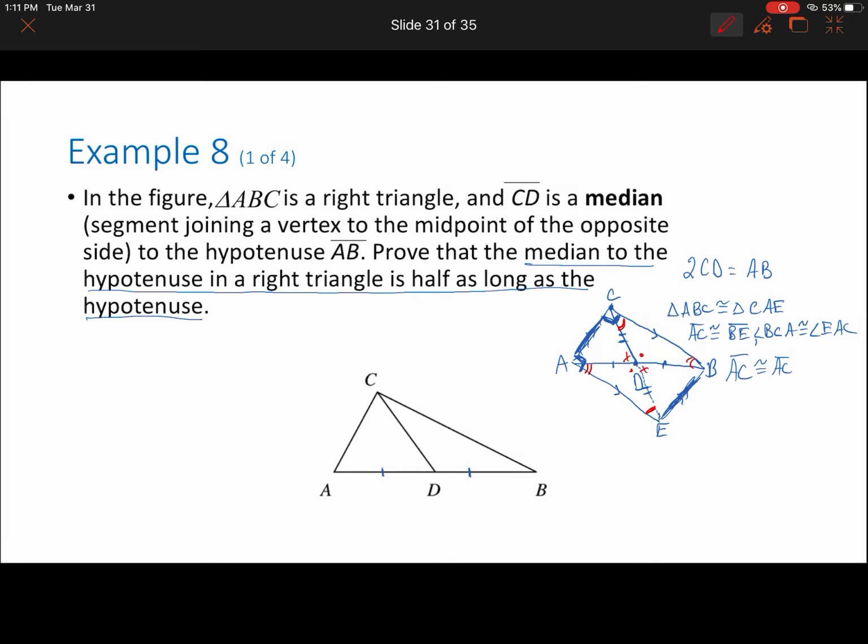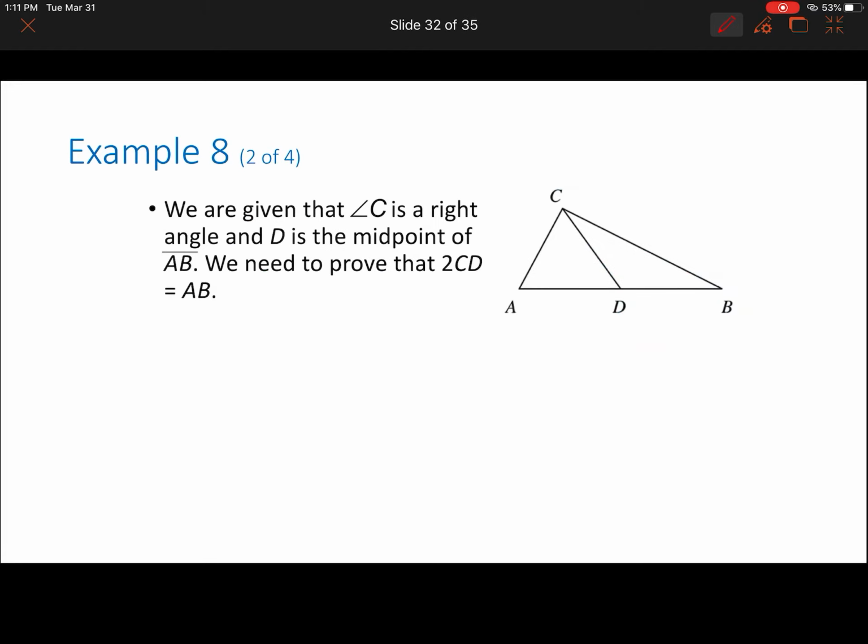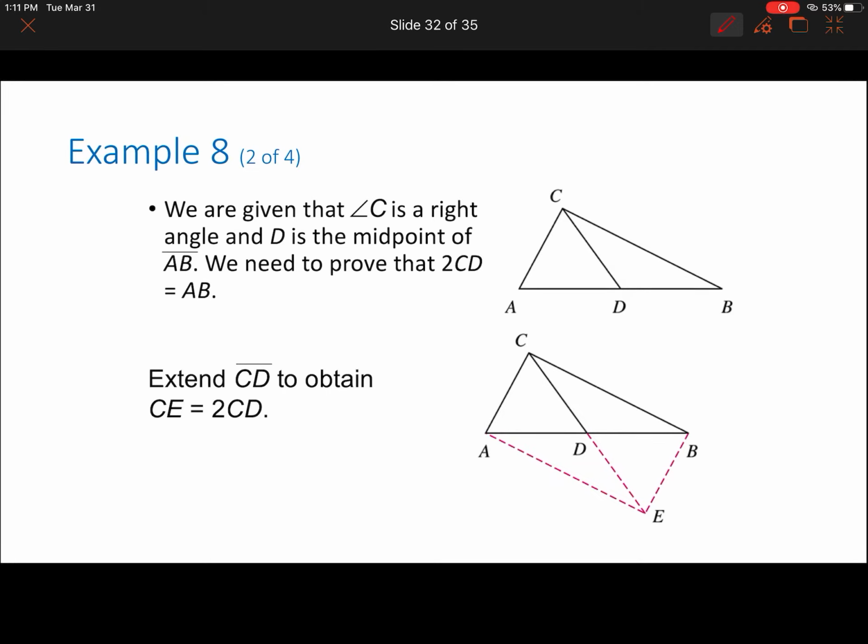We could show that this angle and this angle are congruent, which is also going to mean that, let's see, this angle and this angle are congruent. And so we could find this angle and this angle and this angle and so on. So we could figure out every angle measurement and figure out what all is congruent.